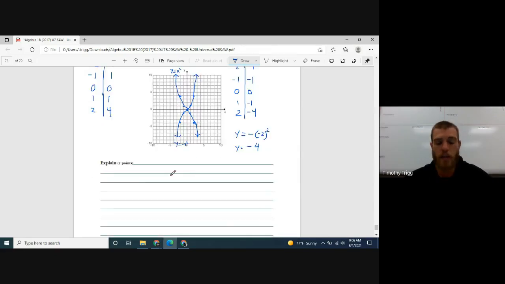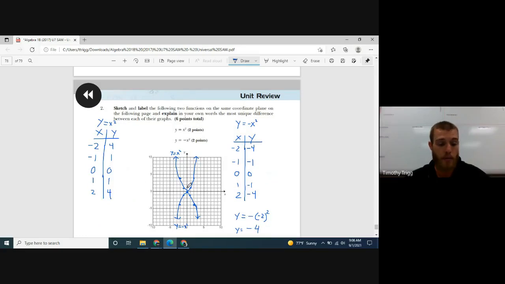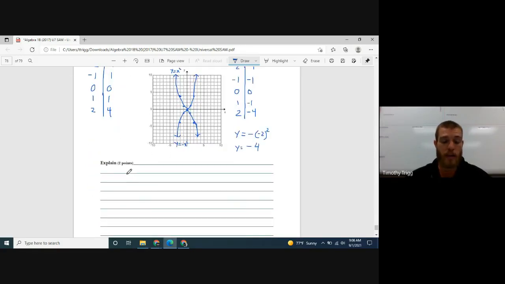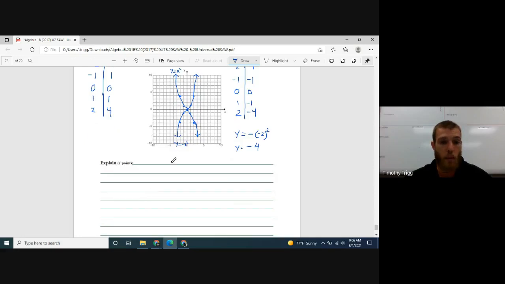Now, here in the explanation, they want you to put the main difference between these two graphs. So here you would just explain that the y equals x squared is a parabola going upwards, while the y equals -x squared is a parabola going downwards. So just explain that there.